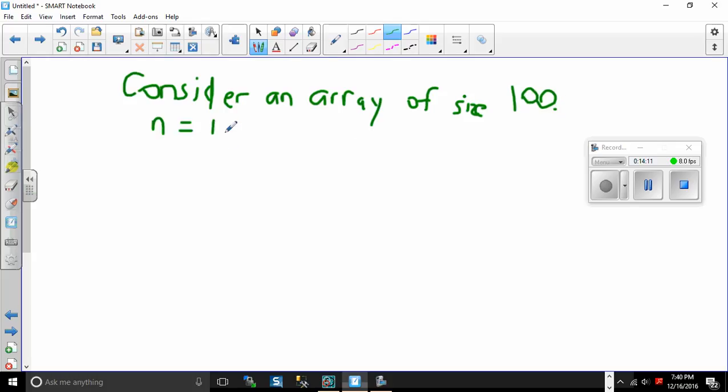What is the estimate of the runtime for a binary search? After each search, the size of the search range is cut in half.